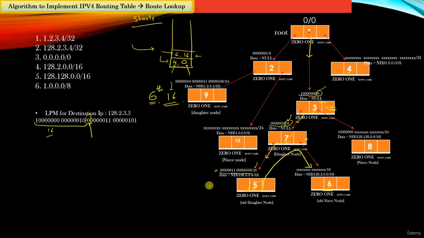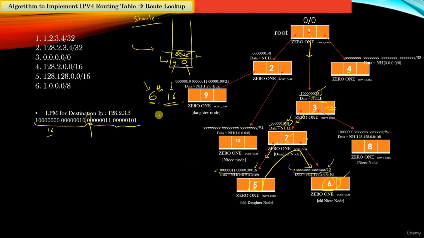So what we are going to do, we are going to shift our search to the node number 6 because we have popped out this entry from the stack. The entry of the stack essentially tells us where we have to shift our search in this mtry data structure. So here, after shifting to the node number 6, the prefix length of the node number 6 is 16. So we have to match the 16 bits of the input string with the 16 bits of the node 6, and they match. All right.